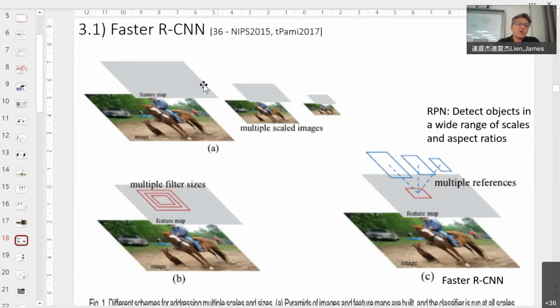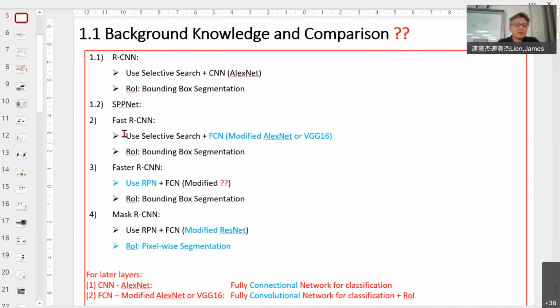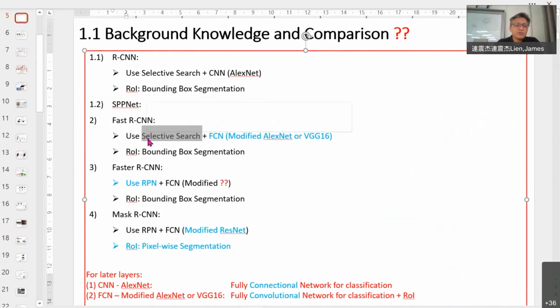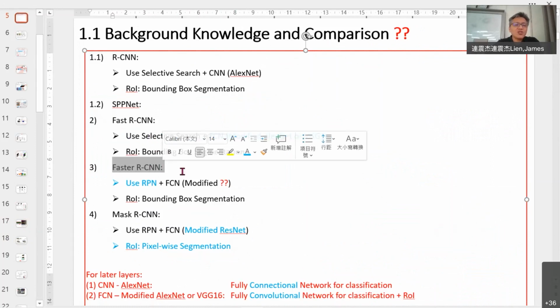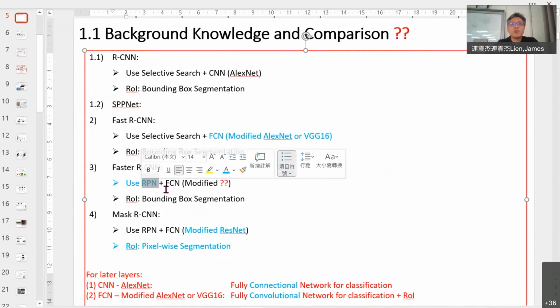So we talk about Faster R-CNN, page 5. So we finish this one. The pre-processing still uses computer vision, and right now in Faster R-CNN on page 5, instead of a computer vision method, we start using a region proposal network. That's important.